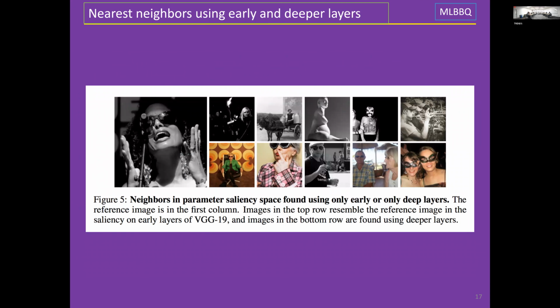So parameter space saliency is different from input space saliency. It's still the gradient, but with respect to the weights. We compute it for free when we do saliency.